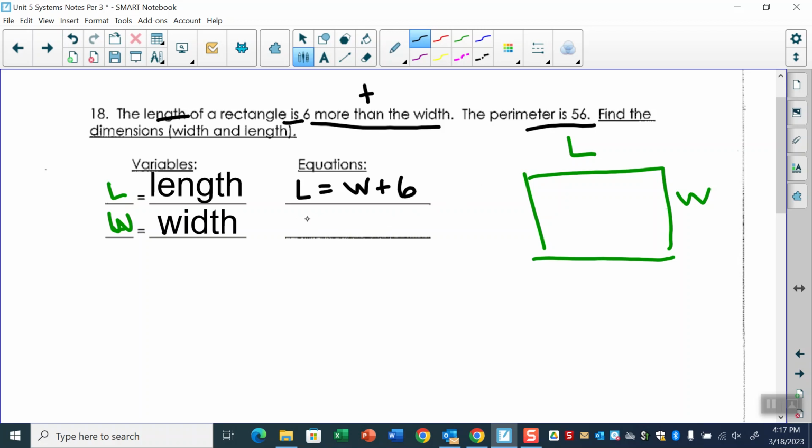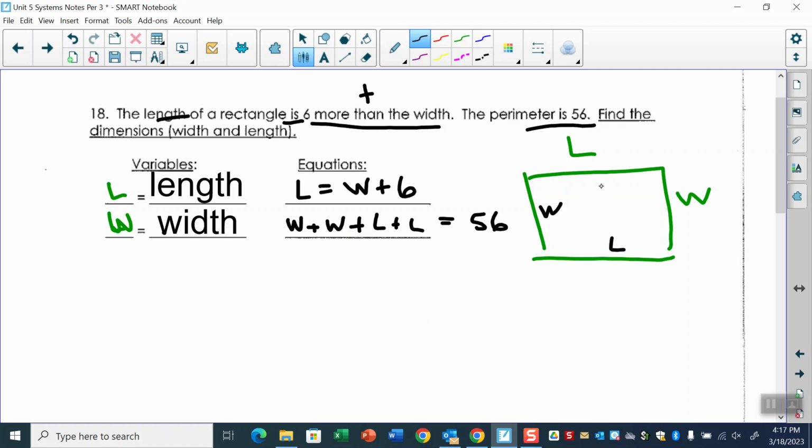Okay, so I know that if I take my other equation, if I take W plus W, right, the two widths, plus the two lengths, that's going to equal 56. That's going to equal my perimeter, right?